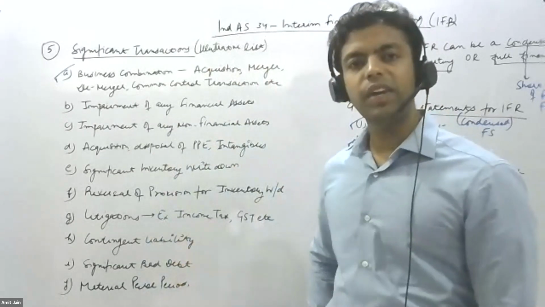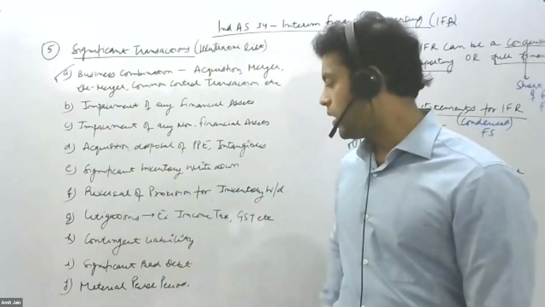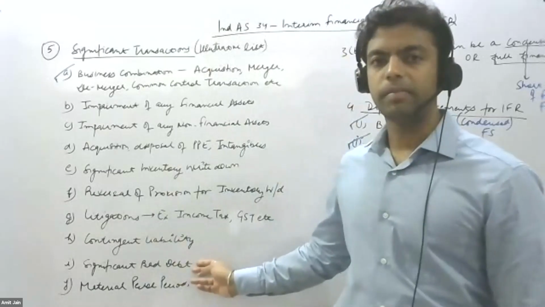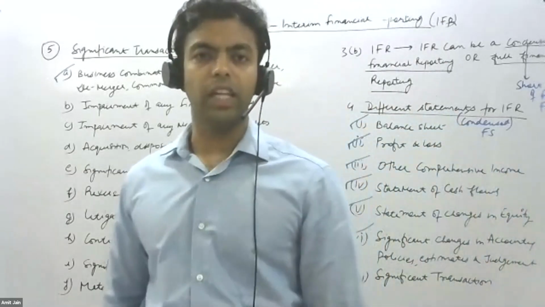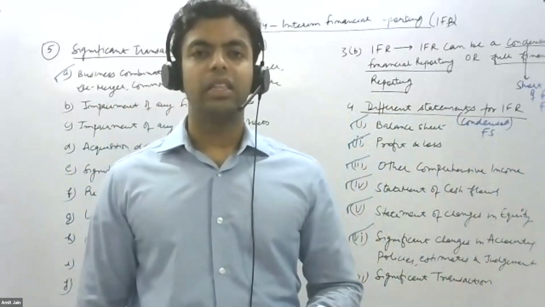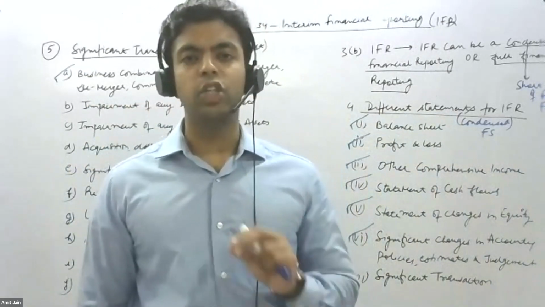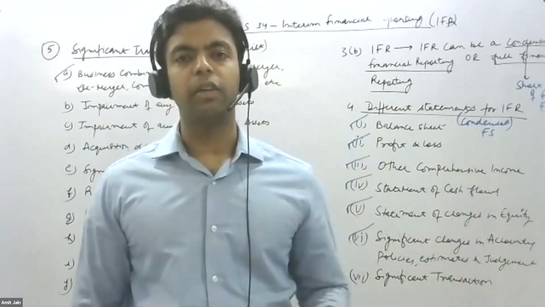If there is a significant bad debt during a particular period, that also needs to be disclosed. And if, while preparing the interim financial statement, the company has found any material prior period error, that needs to be disclosed and restated in the comparative period itself.